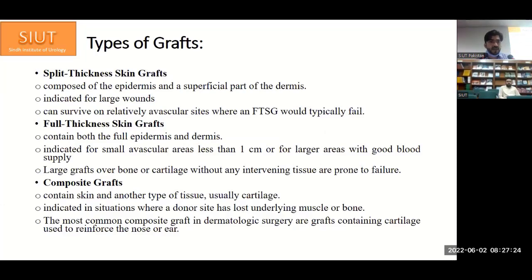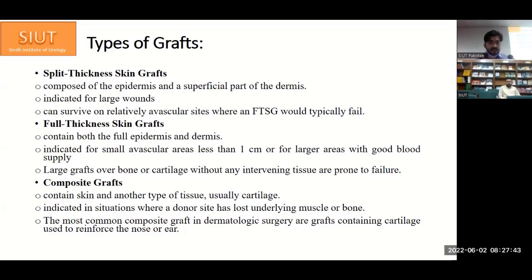Types of graft: split thickness skin graft, full thickness skin graft, composite graft. Split thickness graft is composed of epidermis and the superficial part of the dermis, indicated for a large wound, and can survive on a relatively avascular site where a full thickness skin graft would typically fail.